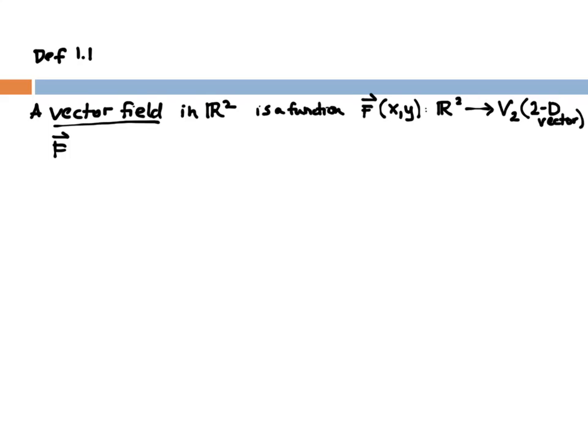So what this does is it takes a point (x, y), and it takes two functions, f sub 1 of (x, y) and f sub 2 of (x, y).